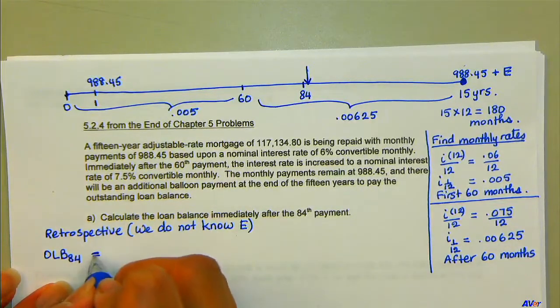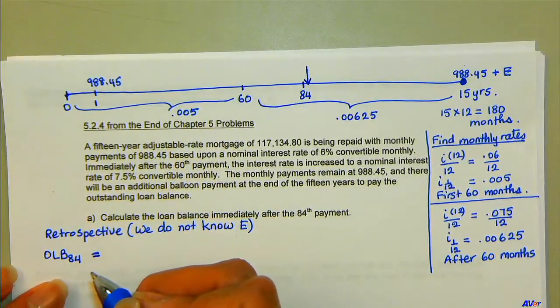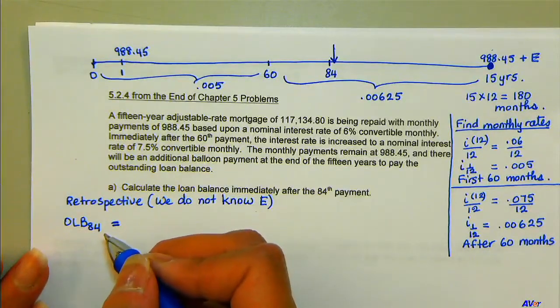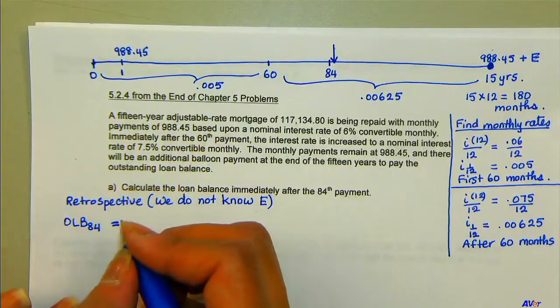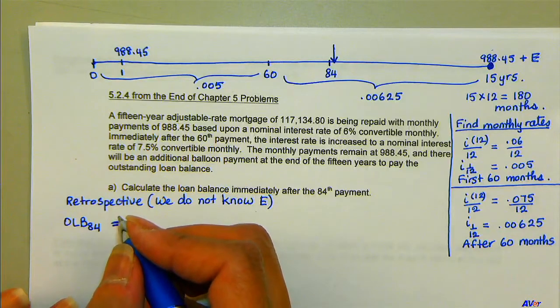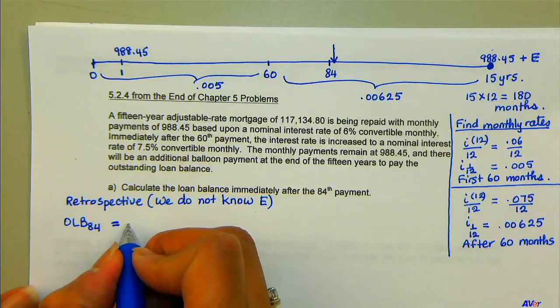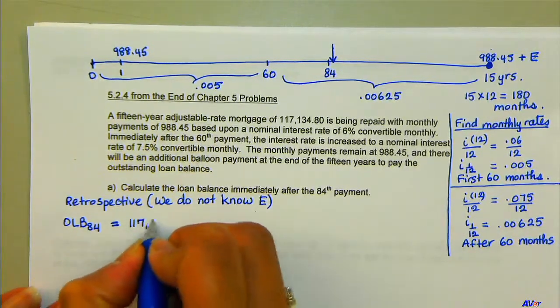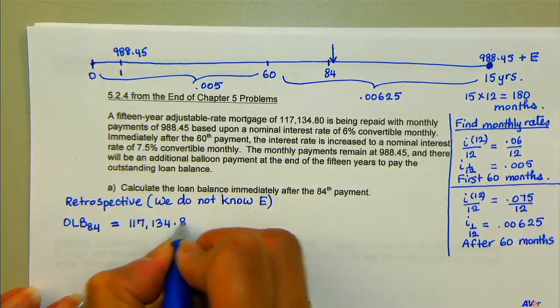So OLB 84 equals what? What's the formula for retrospective? How do you do retrospective? The loan balance value at that time minus the cumulative value of payments. Right. The loan, L, minus the accumulated value of all the payments made so far. So the loan is 117,134.80.